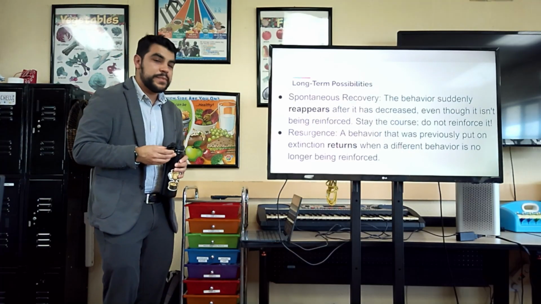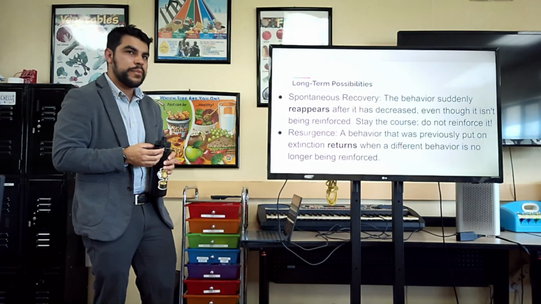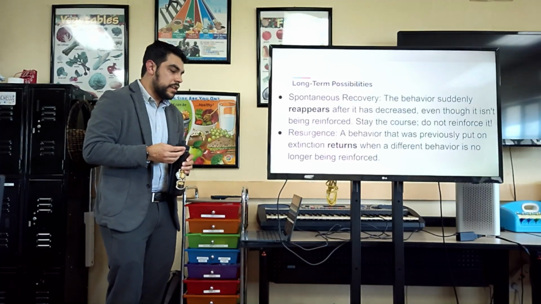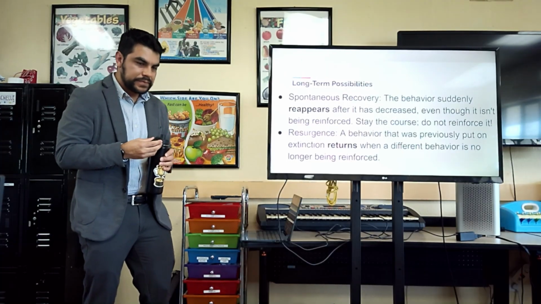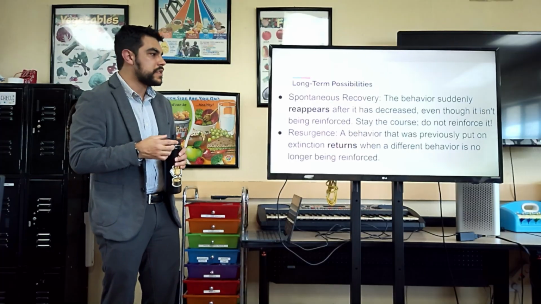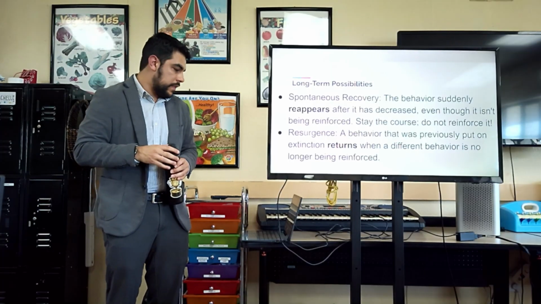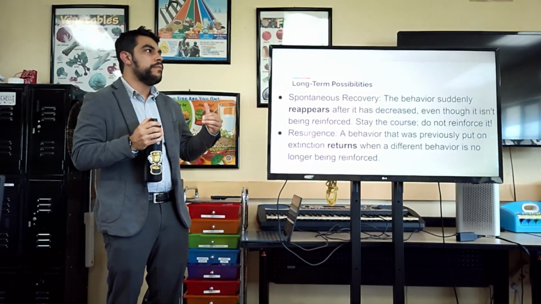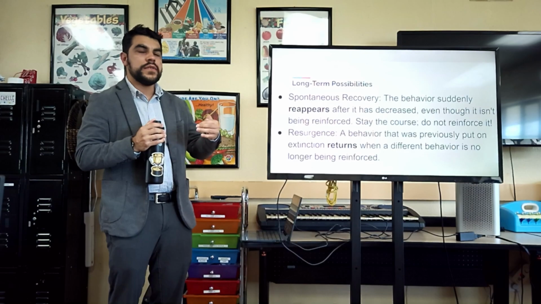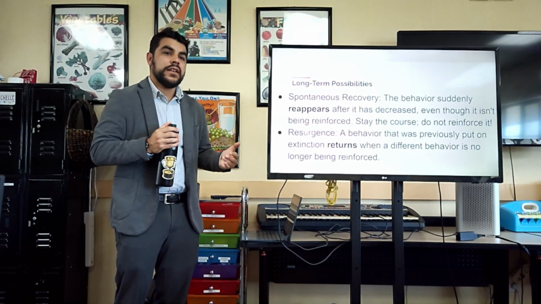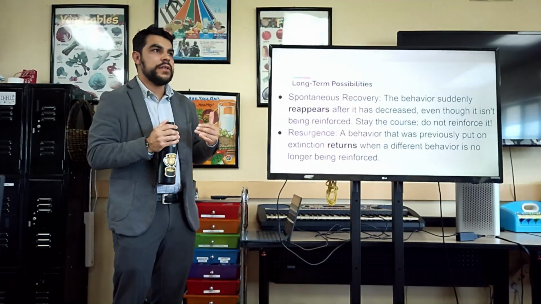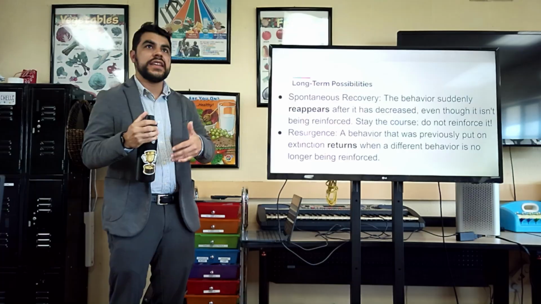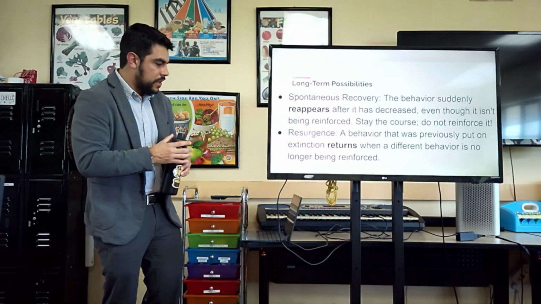So, for instance, spontaneous recovery. This is where a previously extinguished behavior all of a sudden shows up again. And this could be for a number of reasons. One, it could be due to a behavior that serves that same function, either getting a momentary instance where it's not reinforced or it actually gets extinguished itself.